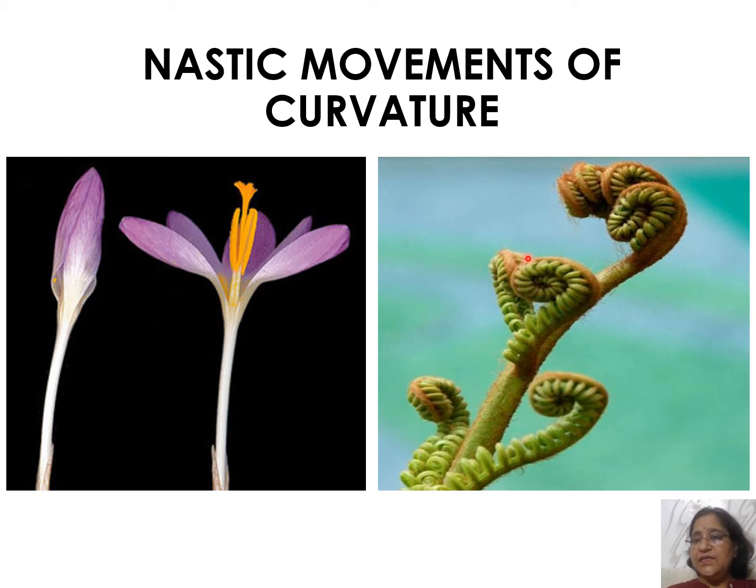This is the circinately coiled leaf. The leaflets are also coiled. The rachis is also curved. And when the leaf matures, all the leaflets will open, and the rachis also expands. So this type of movement is nasty.